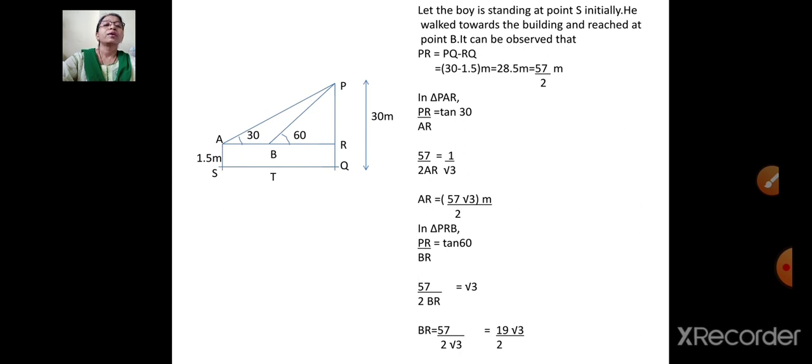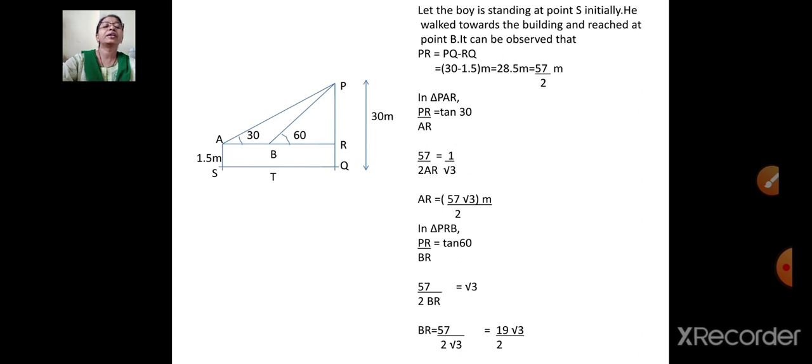Then that boy walks towards the building. Suppose he reaches point B and again looks at the top of the building. So the angle of elevation, that is PBR, is 60 degree. Okay, so this is given to you and the height of the building is 30 meter.